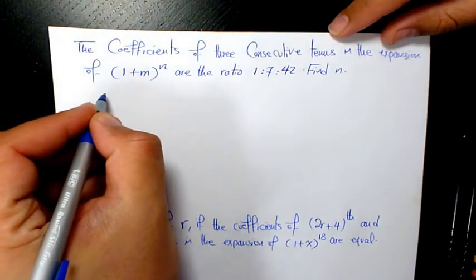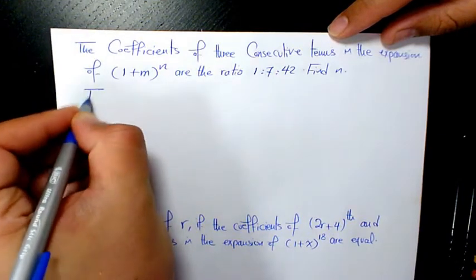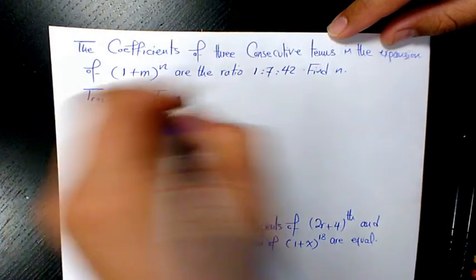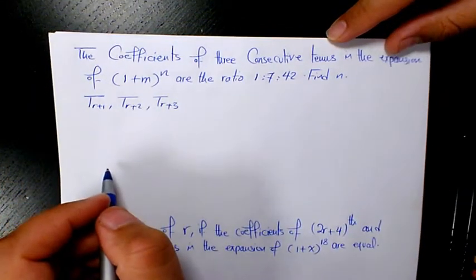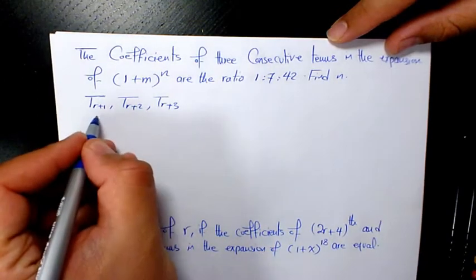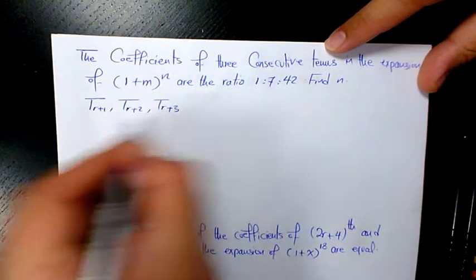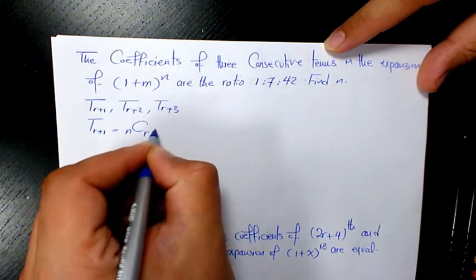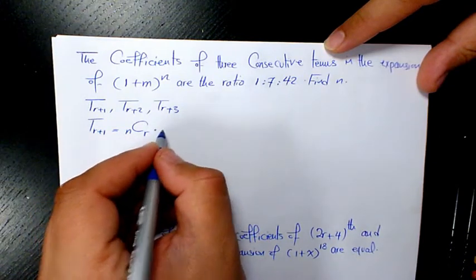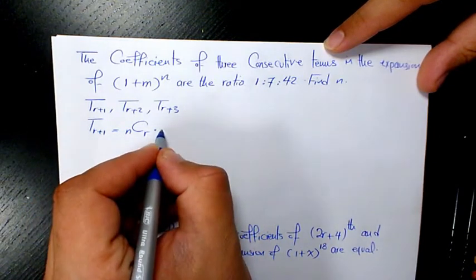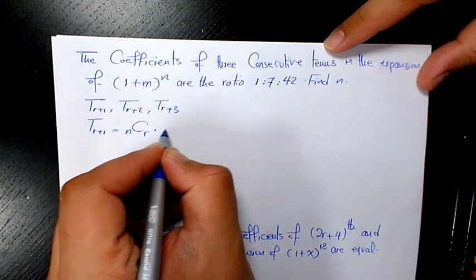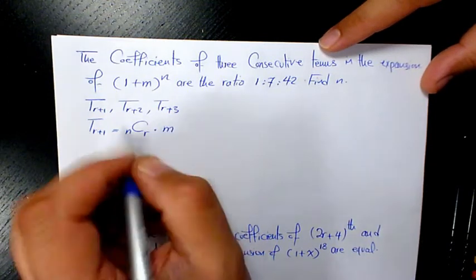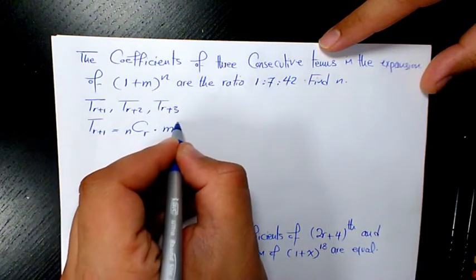So consecutive terms means T(r+1), T(r+2), T(r+3). So T(r+1) is going to be nCr, 1 to the power of anything is going to be 1, so I don't need to write it, m to the power of r.